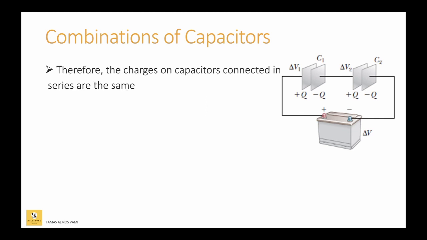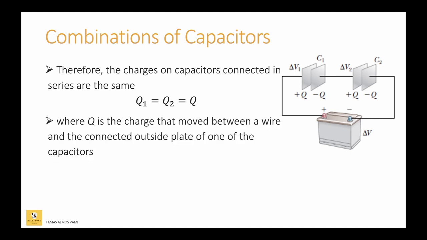Okay, so that means that the charges on the capacitors connected in the series are going to be the same. So the Q1 and the Q2 are the same Q. And this Q is the charge that is moved between the wires and connected to the outside plate of one of the capacitors.